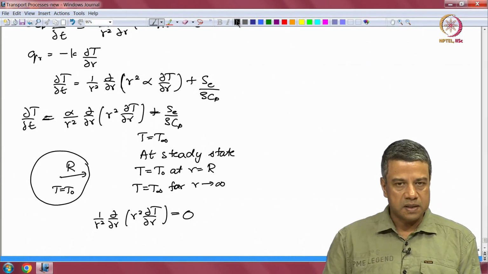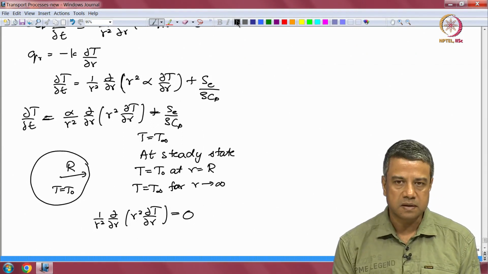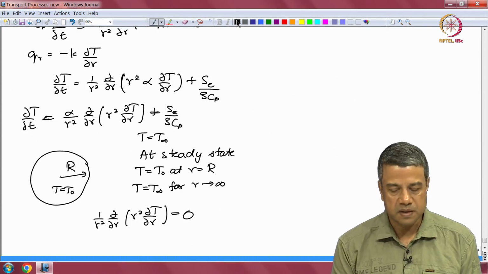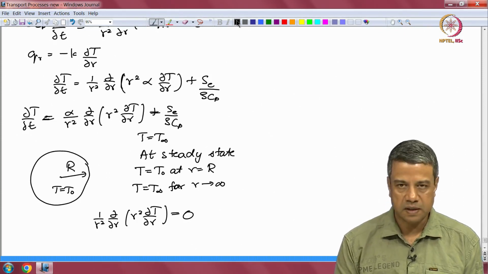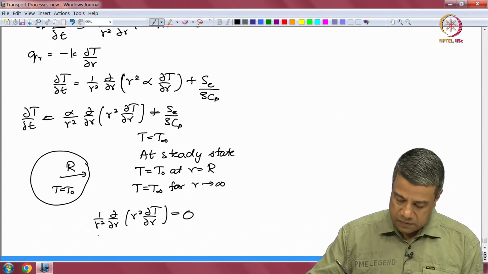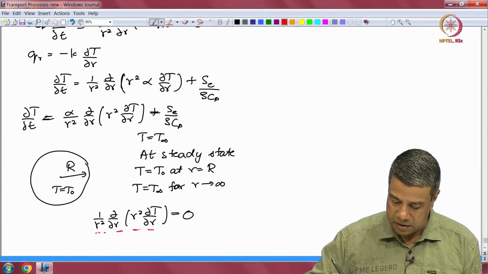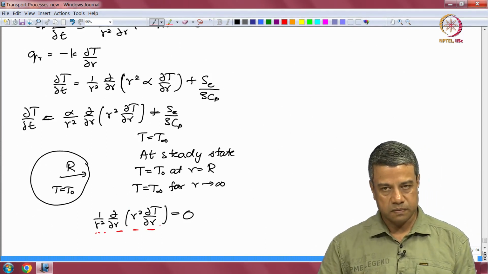We solved the equation at steady state in the absence of any sources or sinks, and the equation for the temperature we get is 1 over r square d by dr of r square dT by dr is equal to 0.